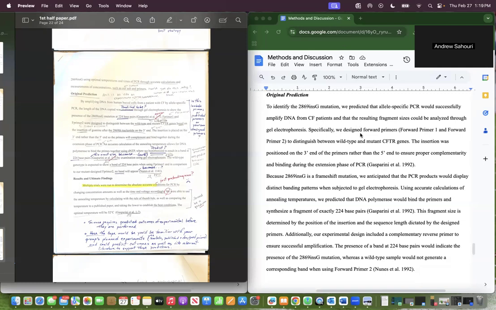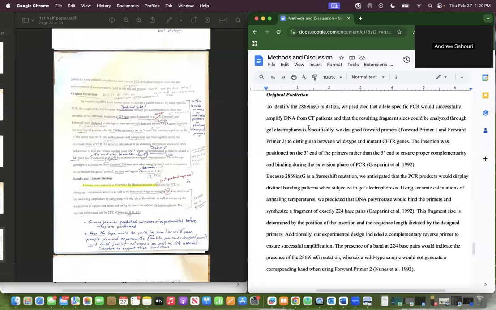And a lot of this was just that I clarified that it's our designed primers. So specifically, we designed forward primer 1 and forward primer 2 to distinguish between wild type and mutant CFTR genes.